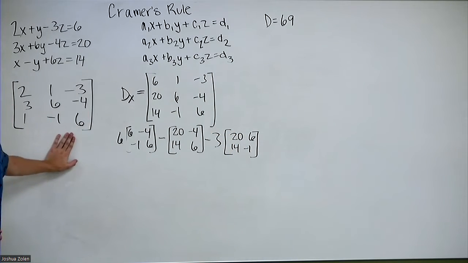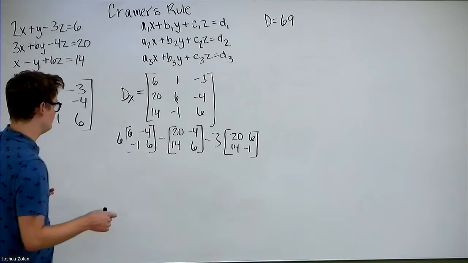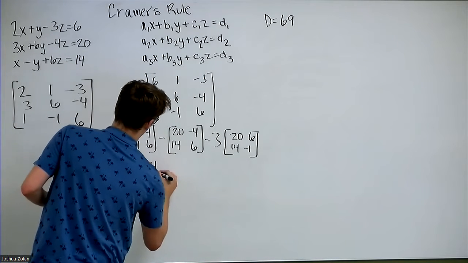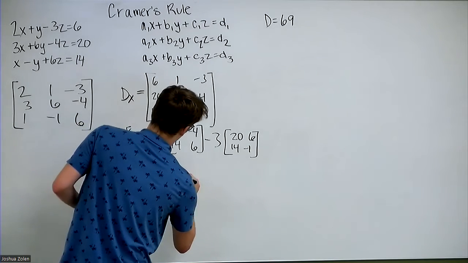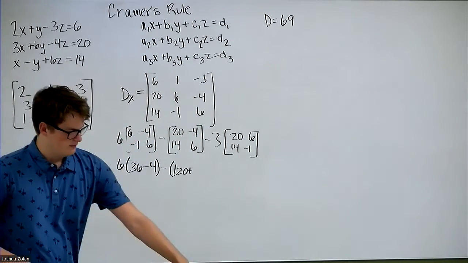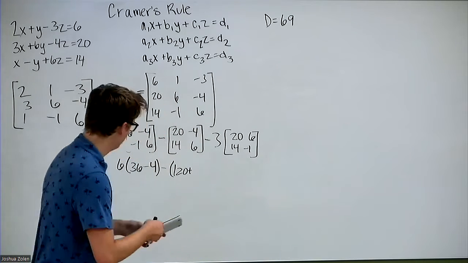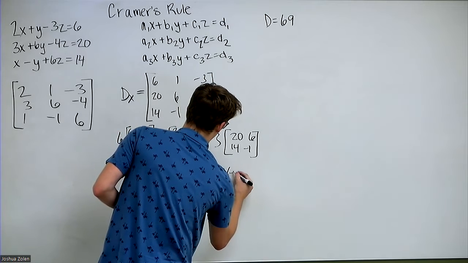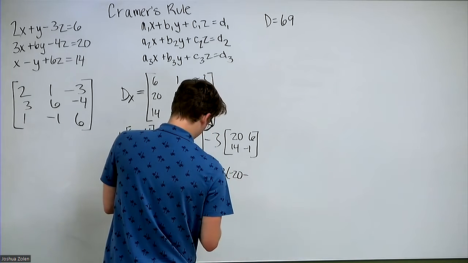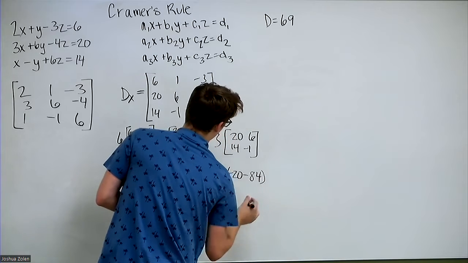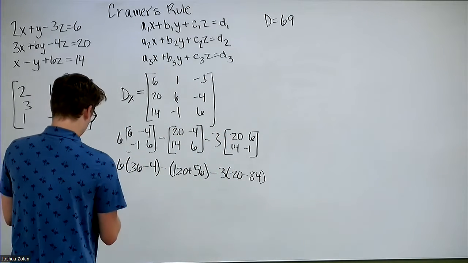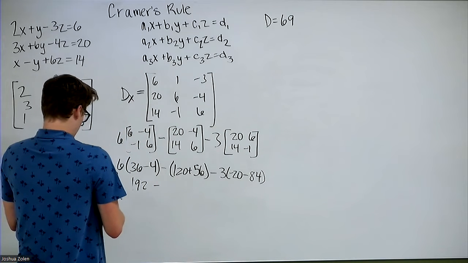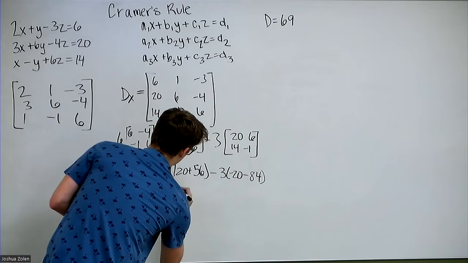And since I know you guys already know how to calculate the determinant of the 3x3, we're going to go through these pretty quickly. Fourteen times 4 is 56. All right, 6 times 32 is 192 minus 176.